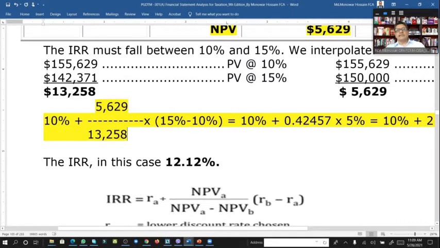And here, look, this is the lower one, 10%, plus the summation comes here, multiplied by 5. How does 5 come? 15% minus 10%. So this totally is 12.12%. It is the internal rate of return.